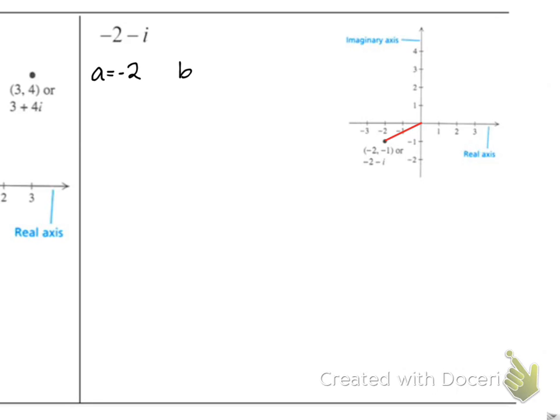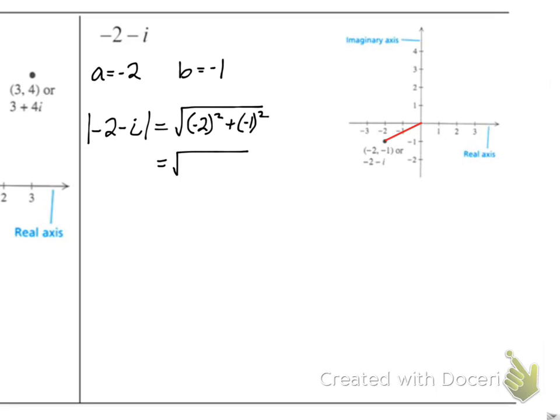My b value is -1, which is my imaginary part. So my absolute value of -2 minus i is just going to equal the square root of -2 squared plus -1 squared, which is 4 plus 1, which is the square root of 5. That is my distance to 0.